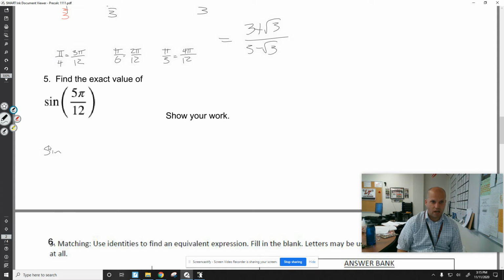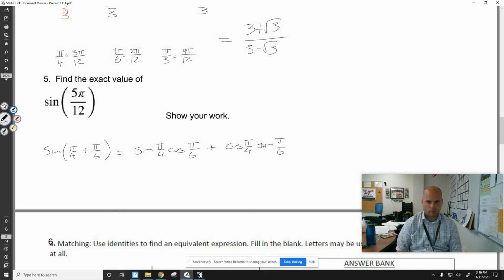I'm going to do sine of pi over 4 plus pi over 6. Change this into a summation. Sine of two things being added: sine, cosine, same sign, cosine, sine, keeping the angles in the same order.